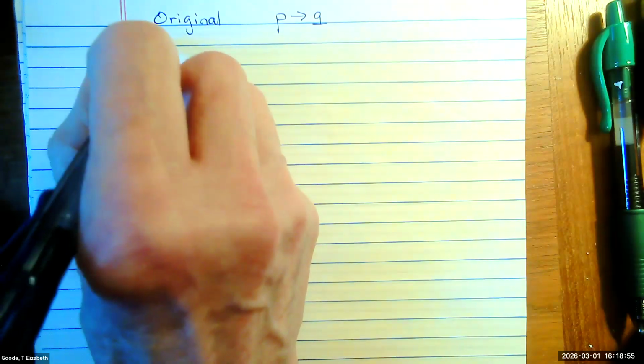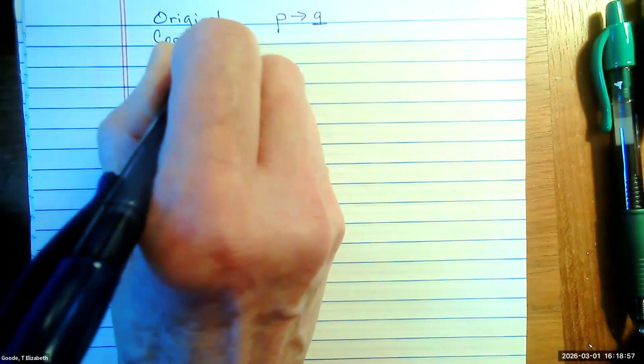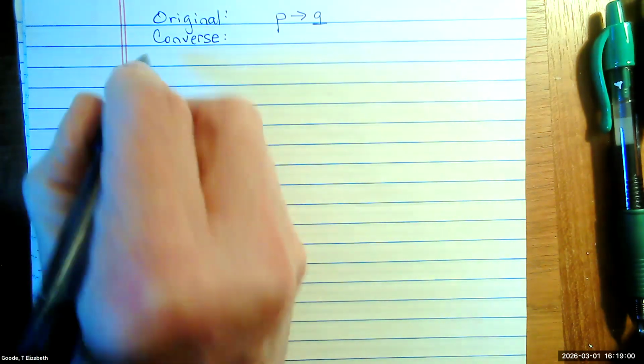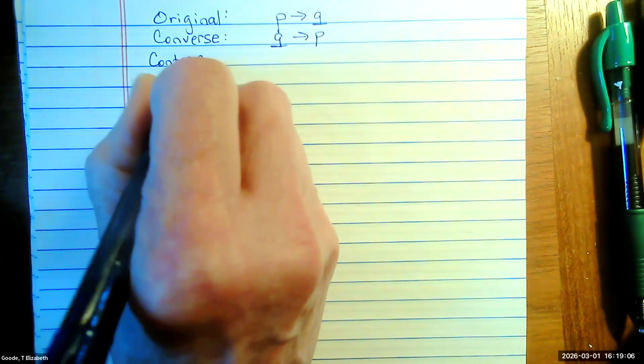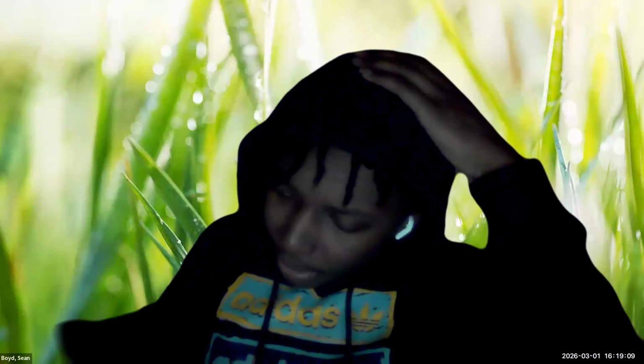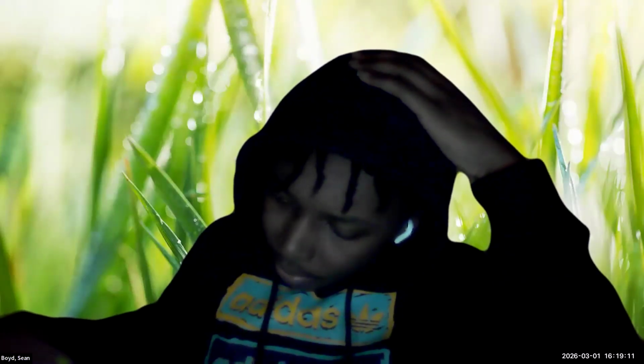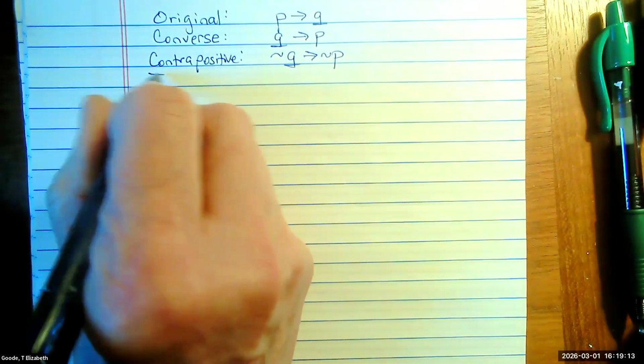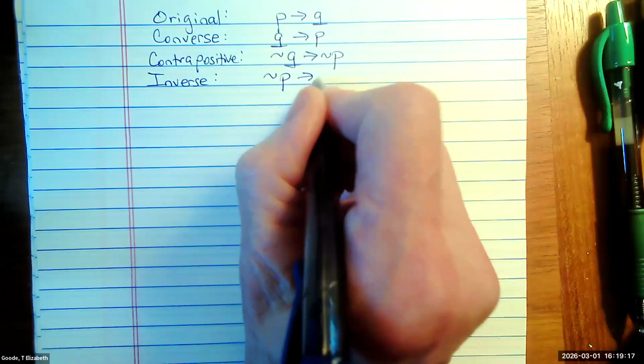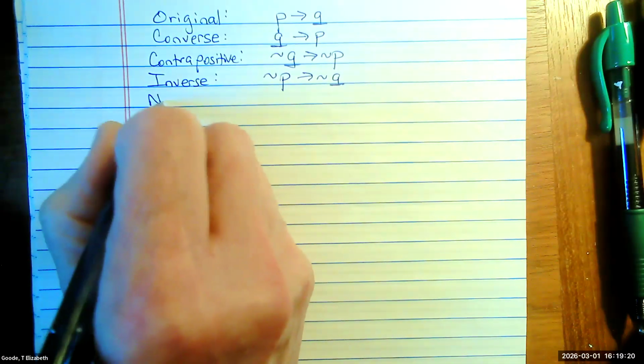For the original, it's if P then Q. For the converse, you tell me what's the converse? If Q, then P. Good. What's the contrapositive? If not Q, then not P. Nice. You're getting it. What's the inverse? If not P, then not Q. Perfect. And then what is the negation? P and not Q. All right.